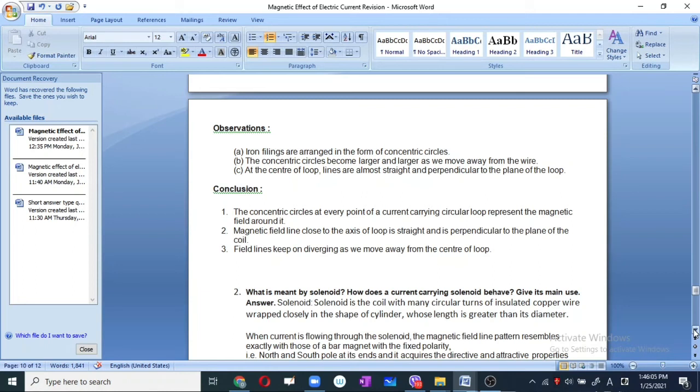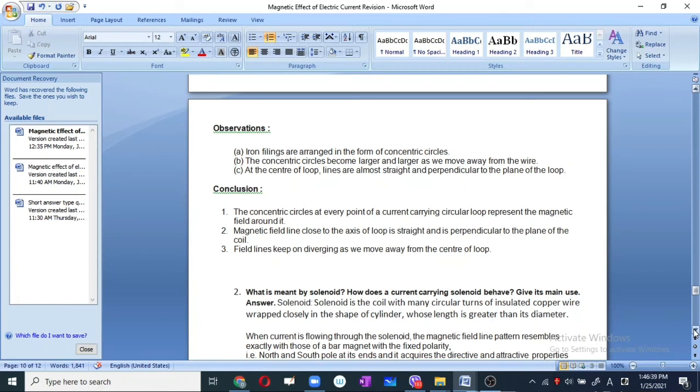The conclusion: the concentric circles at every point of the current carrying circular loop represent the magnetic field around it. We have already learned that in a circular current carrying loop, the magnetic field lines are in the form of concentric circles. Magnetic field lines close to the axis of the loop are straight and perpendicular to the plane of the coil.